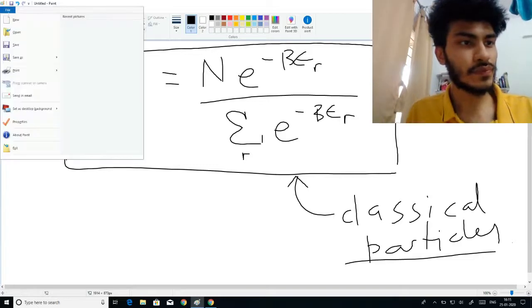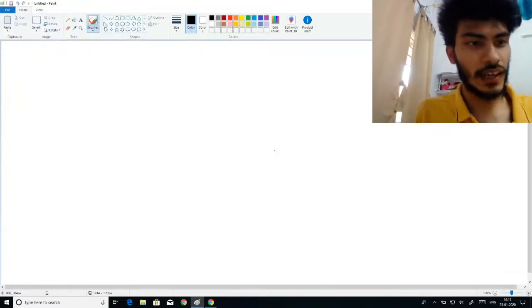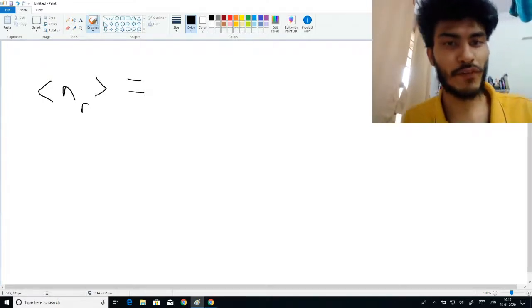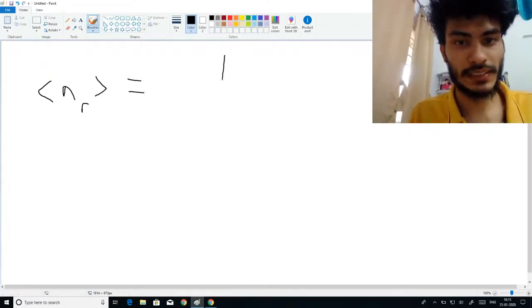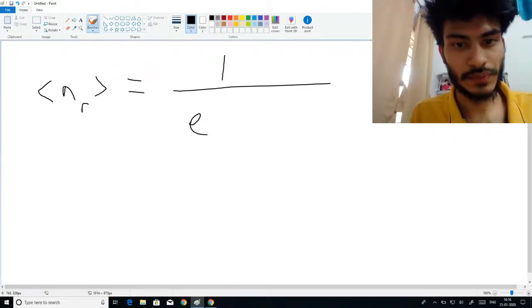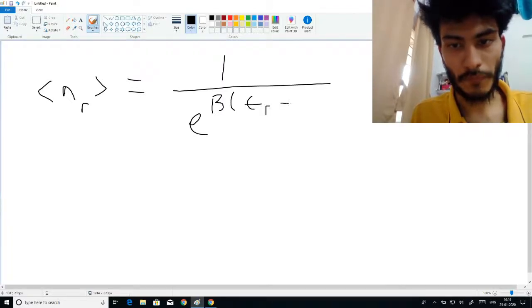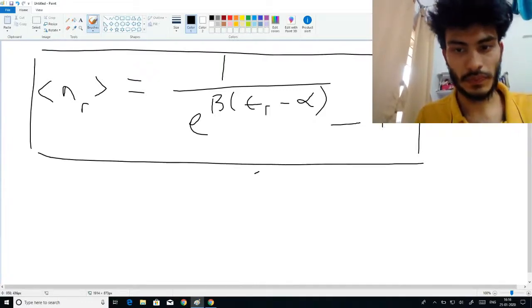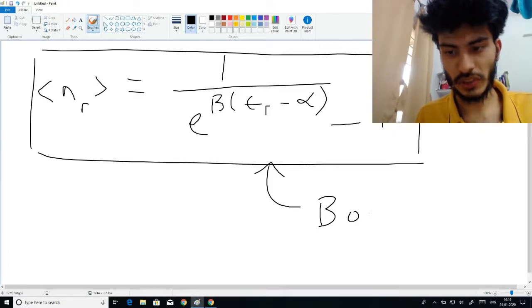Similarly, we had derived in class the formula for the mean number of particles at a particular energy level with energy epsilon r for bosons. So this is for bosons.